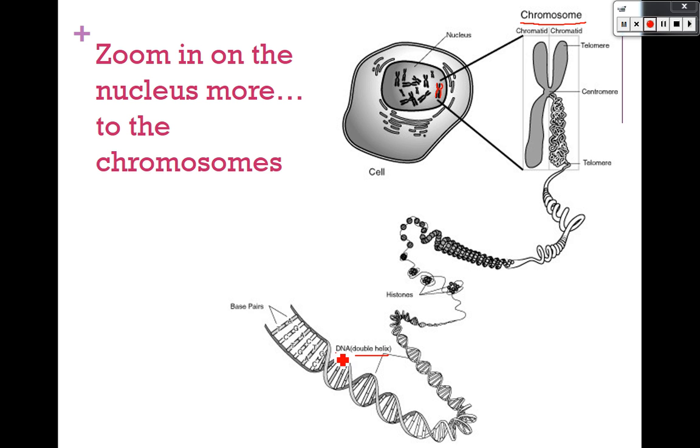So this is the DNA here, and that DNA is coiled nice and tightly into chromosomes, and those chromosomes are found in the nucleus. And then what a gene is, because that's not on here, a gene is a length of DNA. So maybe from here to here would be one gene.